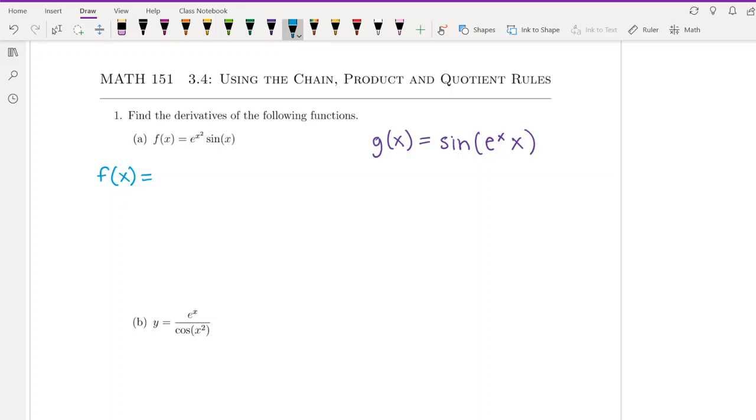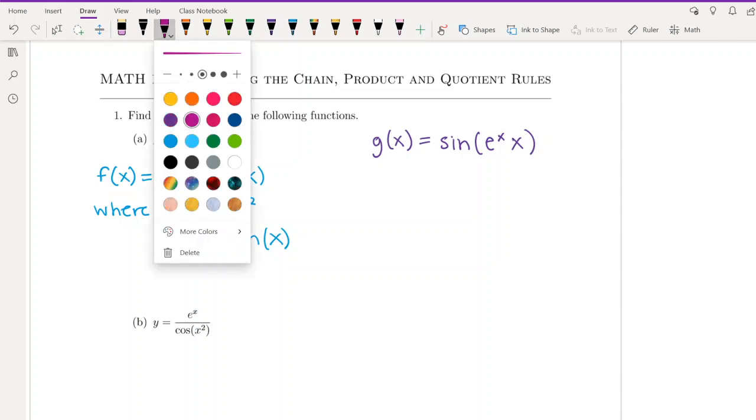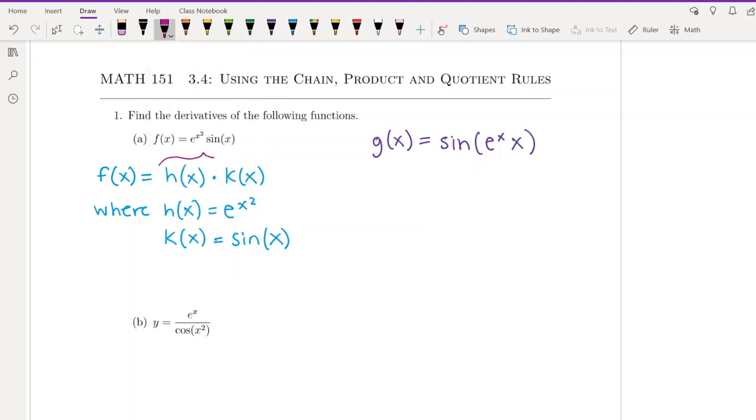We could write f of x as, let's call them h of x times k of x, where h of x is equal to e to the x squared and k of x is equal to sine of x. Literally you can come up with two different functions that when you multiply them together, you get your function. Because we're linking these two functions together with multiplication, that tells us this is a product and we need to start by using the product rule.